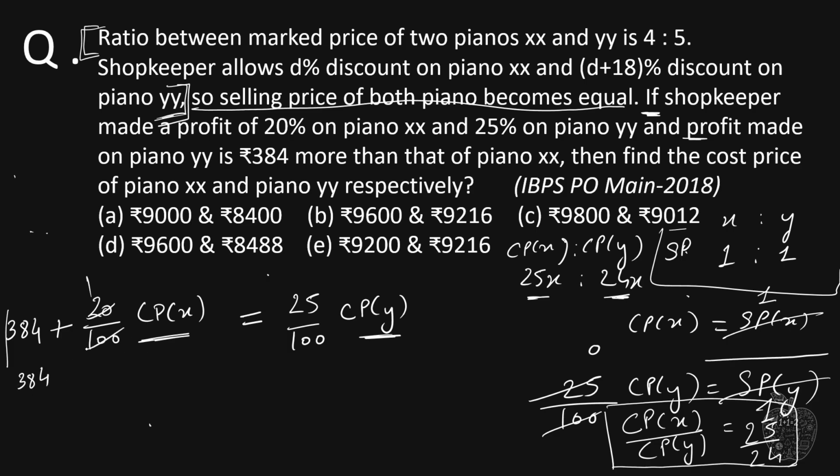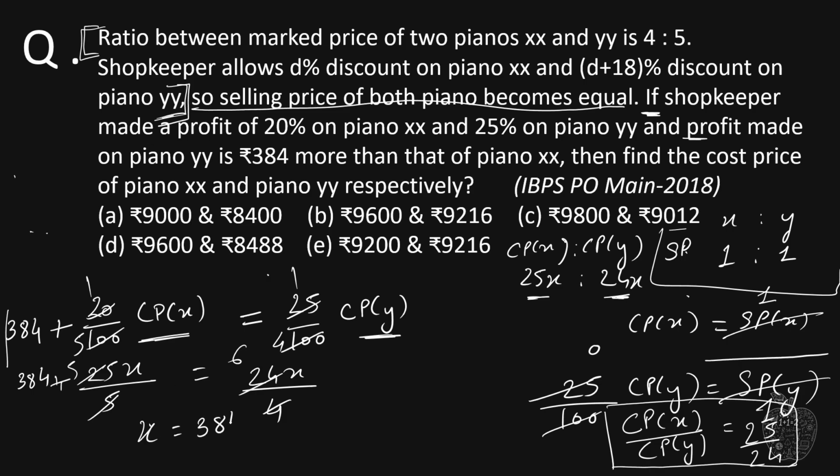So cost price of X is 25x over 5 equals the cost price of Y, which is 24x over 4. So 5 5s are 25, 4 6s are 24, 5x subtracted from 6x, we get x as 384.